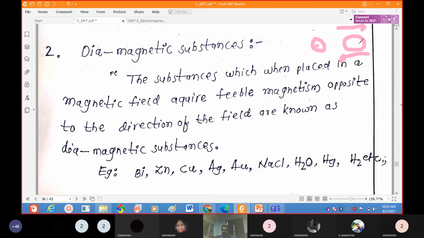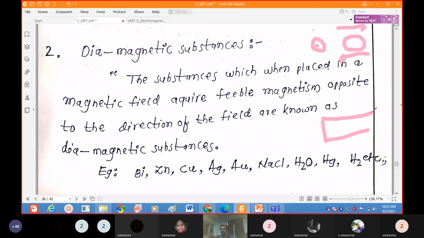So the dipole moment will be opposite to the direction of the applied magnetic field. That means each atom gets an opposite magnetic dipole moment, so the resultant magnetic moment is opposite to the applied magnetic field.